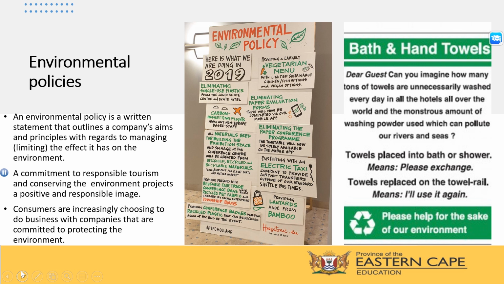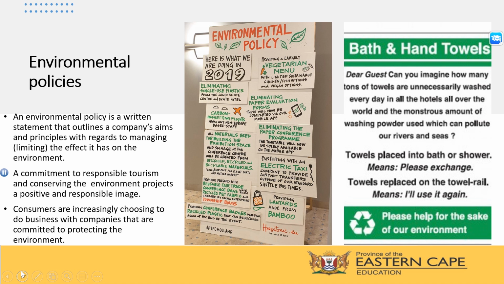A commitment to responsible tourism and conserving the environment projects a positive and responsible image. I want you to take special note of the bullet at the bottom. Consumers are increasingly choosing to do business with companies that are committed to protecting the environment.